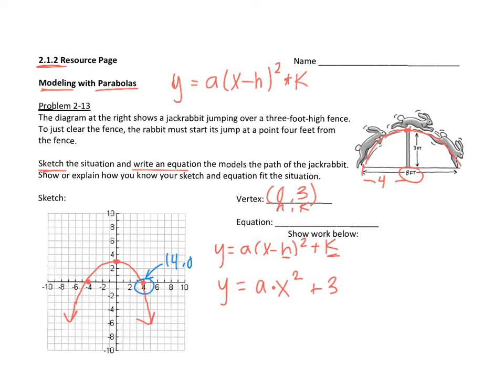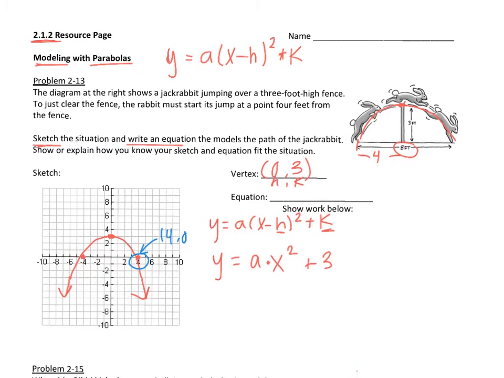So I can plug that in, and the y value is 0, a times x, which is 4 squared, plus 3. So now my only unknown in this equation is a, so I can just continue solving for that to get a by itself. So we've got 0 equals 4 squared is 16, so 16 times a plus 3.